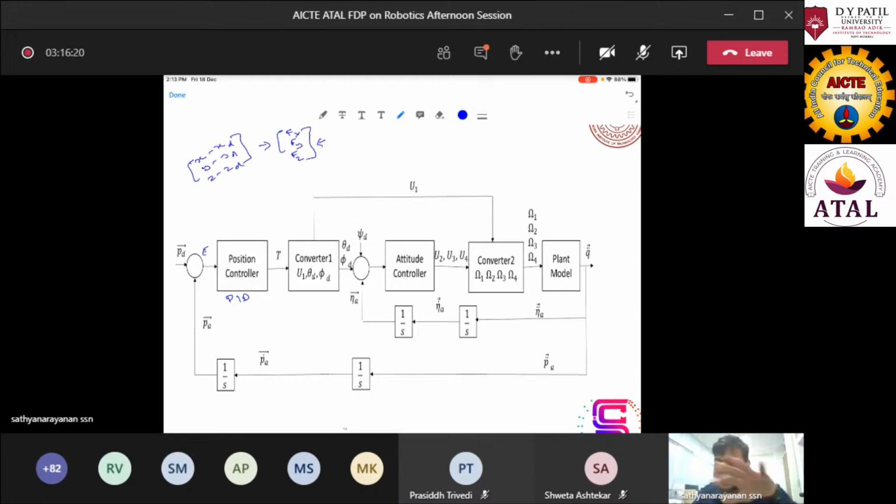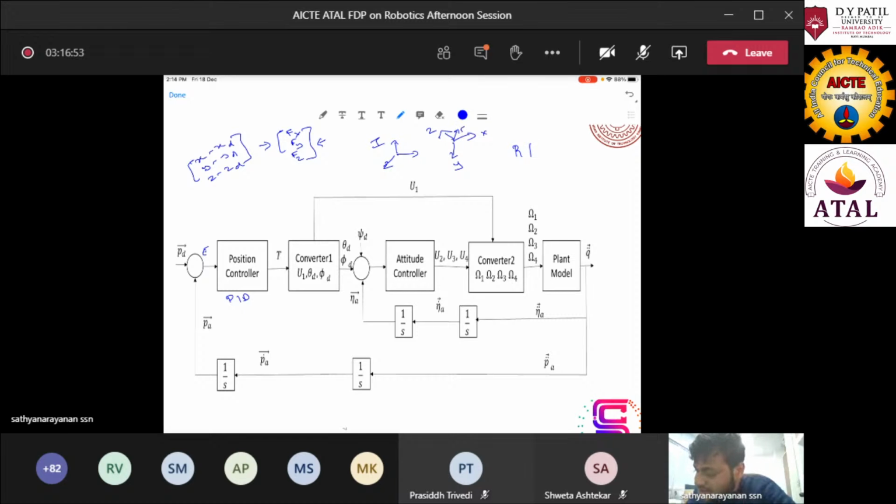But the body actually is changing its orientation, so in order to visualize in the body frame, let's say this is the initial frame, and you have some body frame. This is body Z, body X, and body Y. If you have a vector in the body frame, to convert it to the initial frame, you have some kind of rotation matrix, which will convert body frame to initial frame.